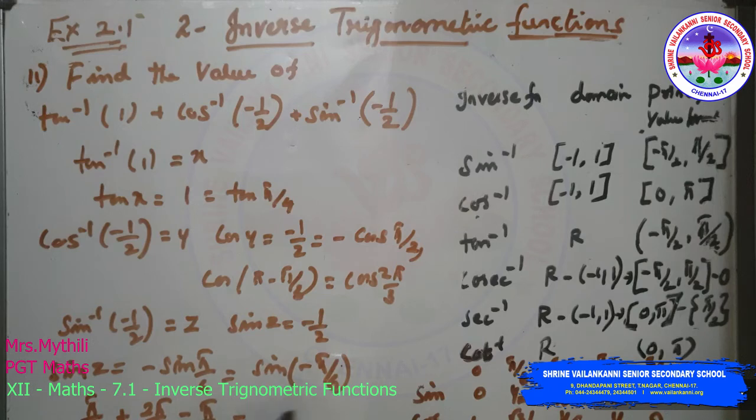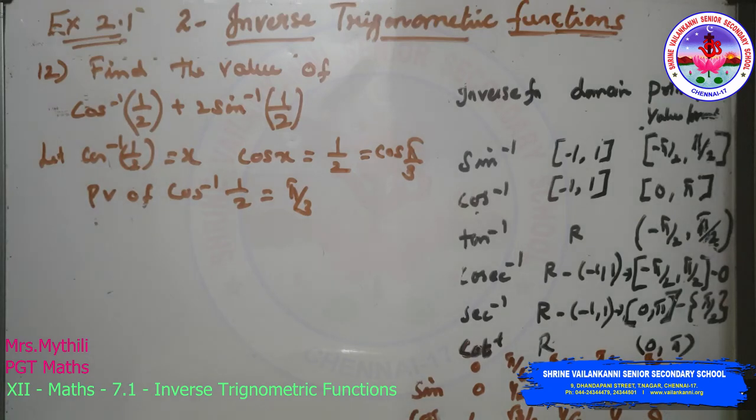Adding all three values, pi by 4 plus 2 pi by 3 minus pi by 6, we get 3 pi plus 8 pi minus 2 pi by 12, which is equal to 3 pi by 4.